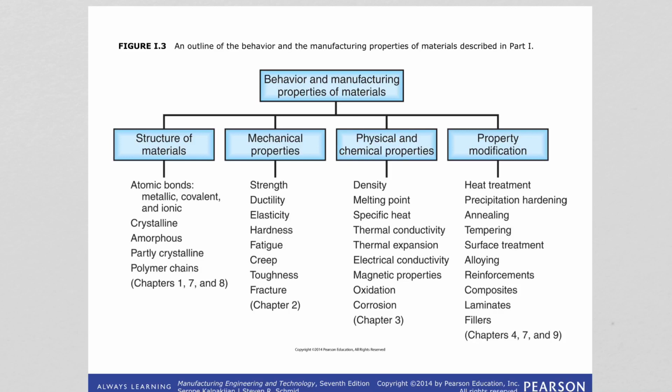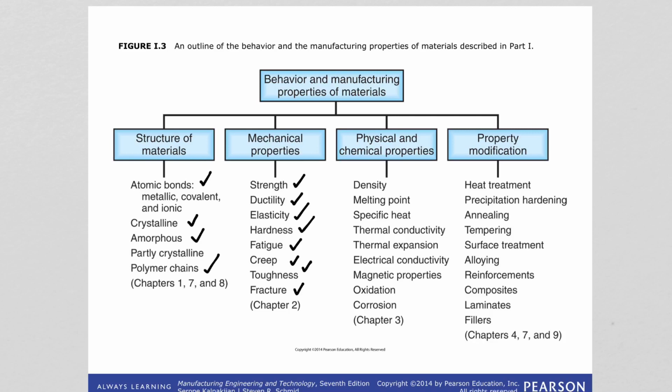When we look at the behavior and manufacturing properties of materials, when we say the structure of materials, we are talking about the atomic scale: the atomic bonds, the crystalline structure or amorphous structure, polymer chains. They together form the structure of the materials. And for mechanical properties, you are familiar with strength, ductility, elasticity, hardness, fatigue, creep, toughness, fracture. We're all going to see those in the next chapter.